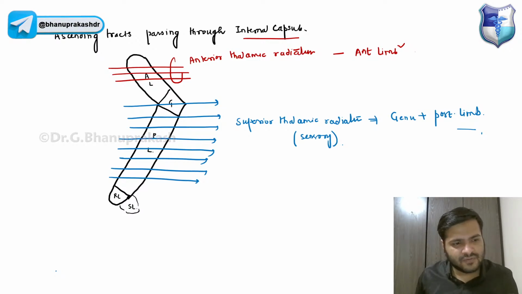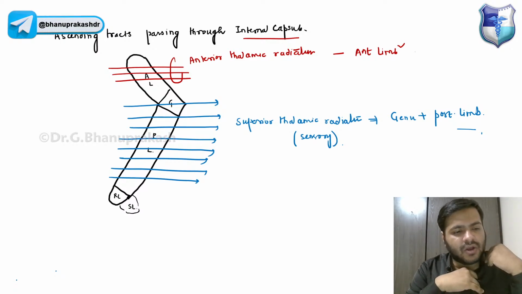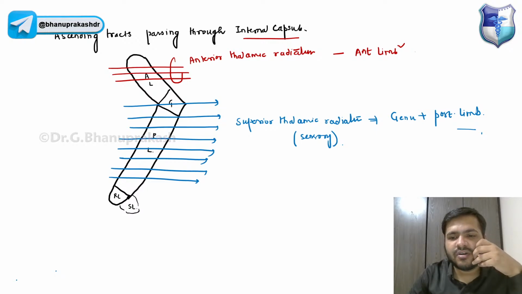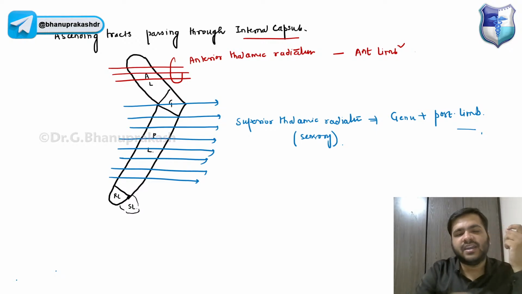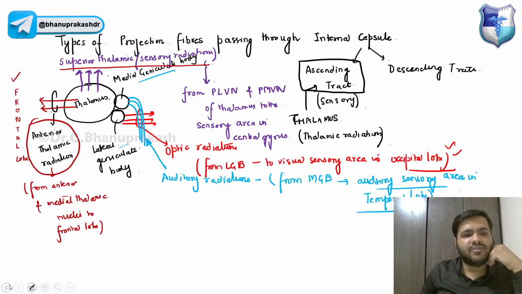Apart from that, the optic radiations, or the posterior thalamic radiations, obviously pass through the posterior part only. Now, these optic radiations are going towards which lobe?